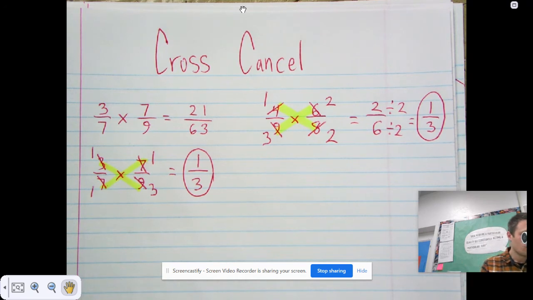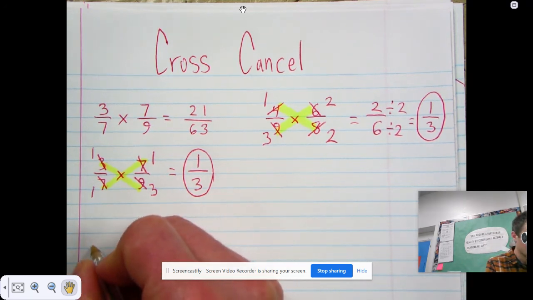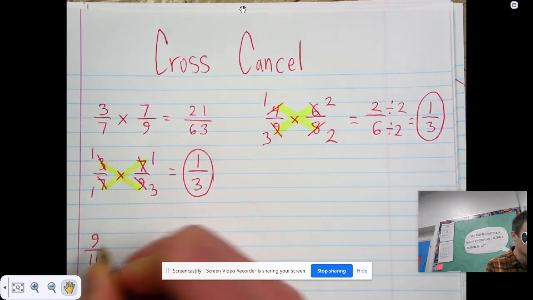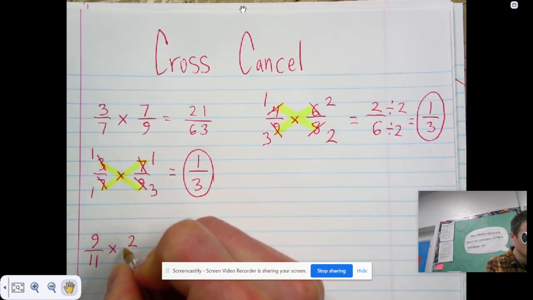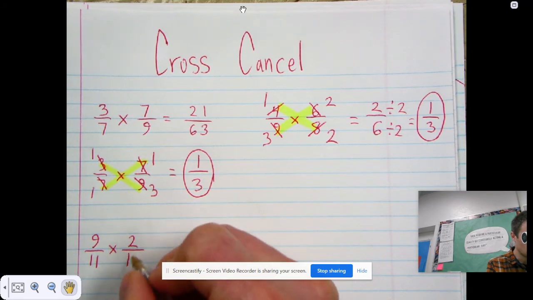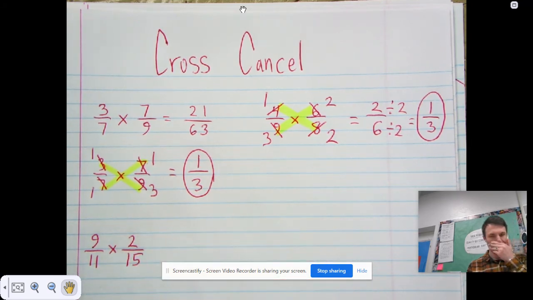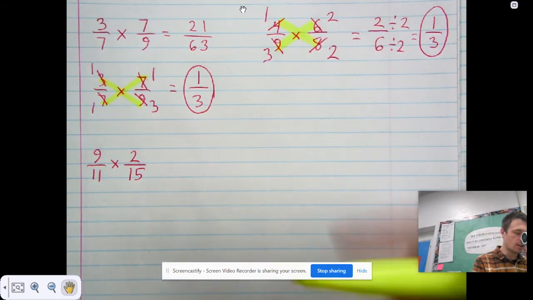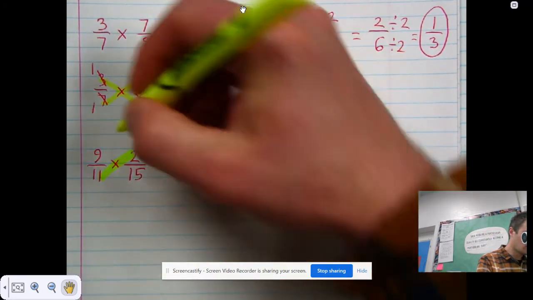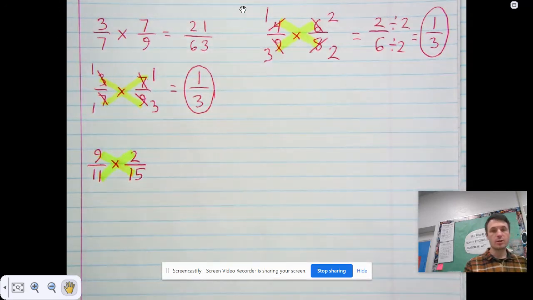Let's do another example. Let's say we have 9/11 times 2/15. Okay. Now, so I cross-cancel from here to here and from here to here. Sometimes there is no GCF.